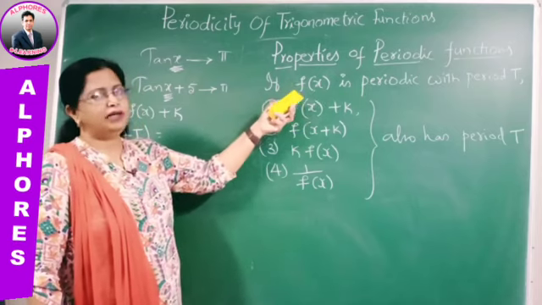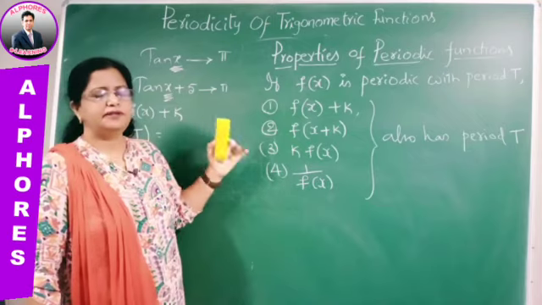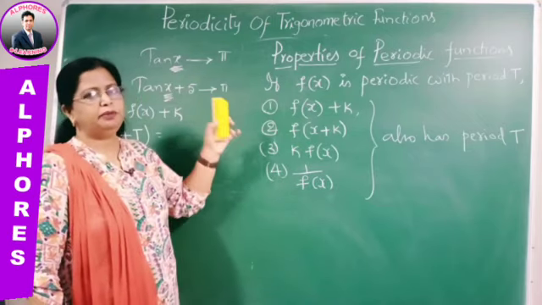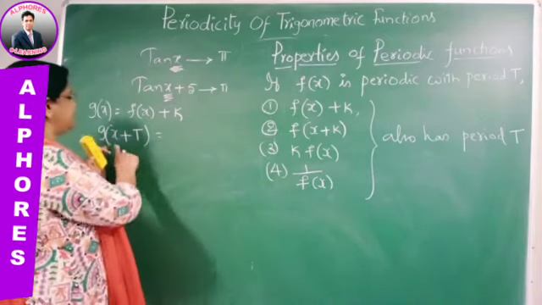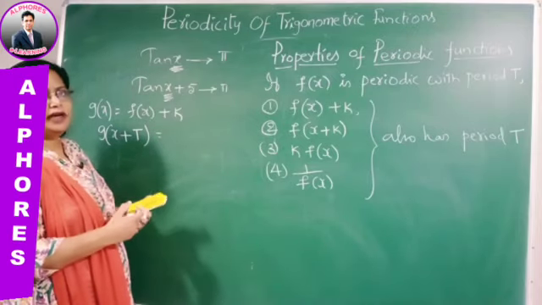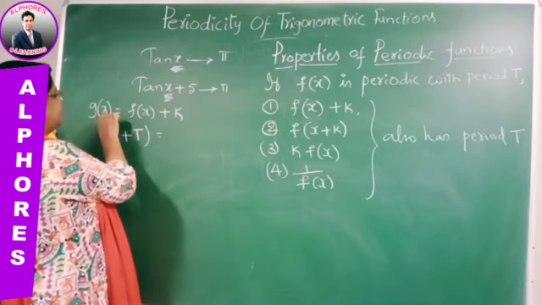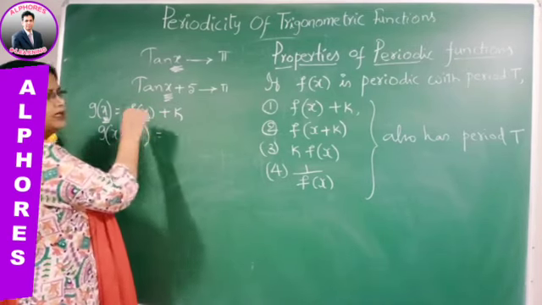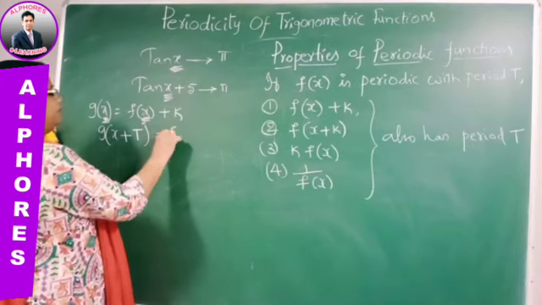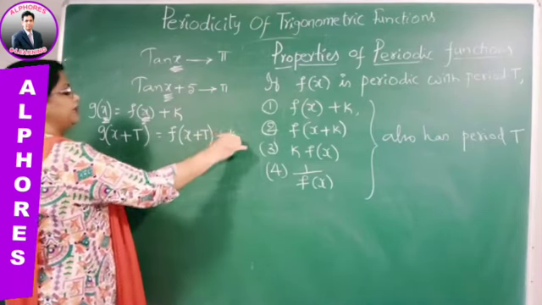And if you get f of x equals f of x plus t, that means the function is clearly periodic with period t. Now g of x plus t I am taking for testing periodicity of g of x. Whenever x is here, here also the same x value. Therefore here I am taking x plus t and this is plus k.